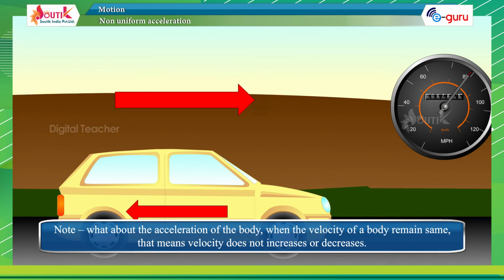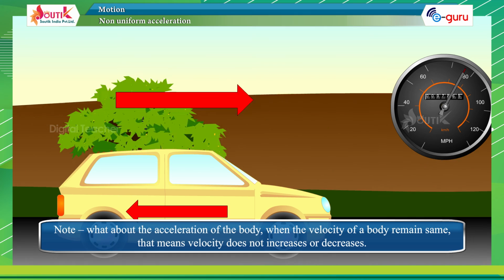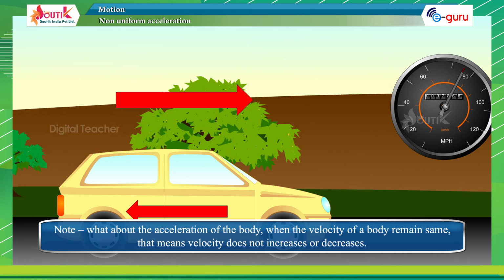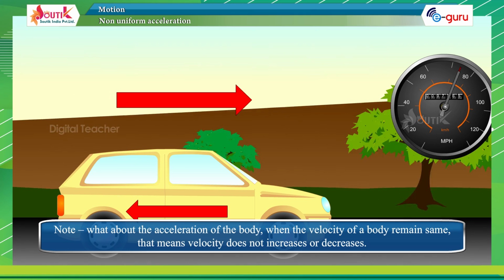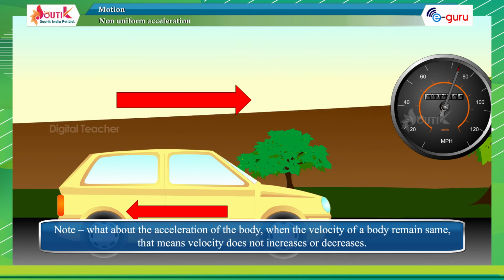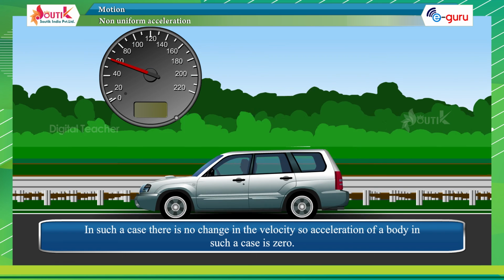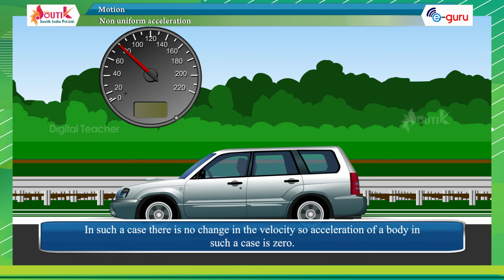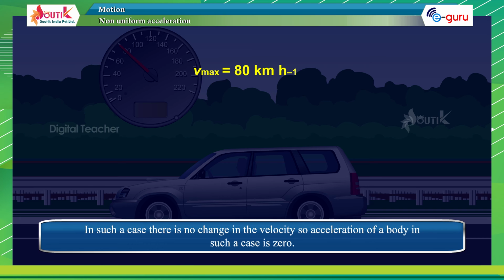Note: what about the acceleration of a body when the velocity of the body remains the same? That means the velocity does not increase or decrease. In such a case, there is no change in the velocity, so the acceleration of the body in such a case is zero.